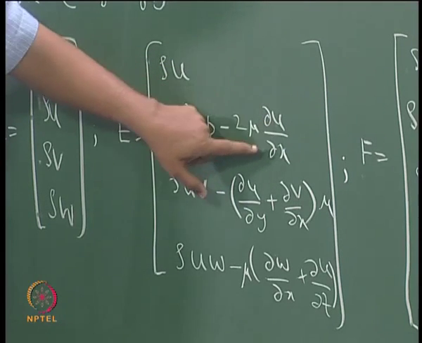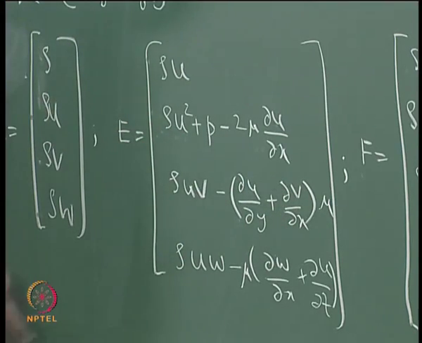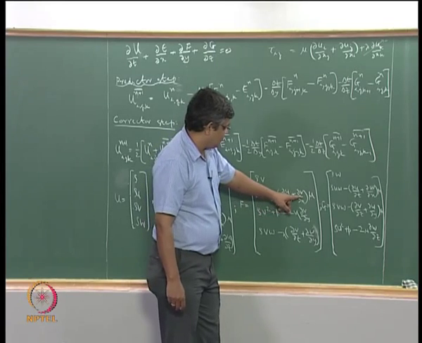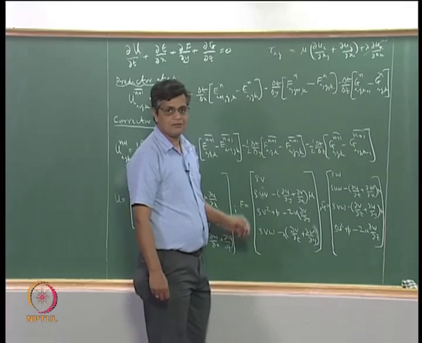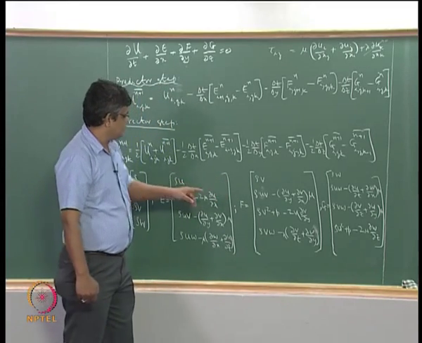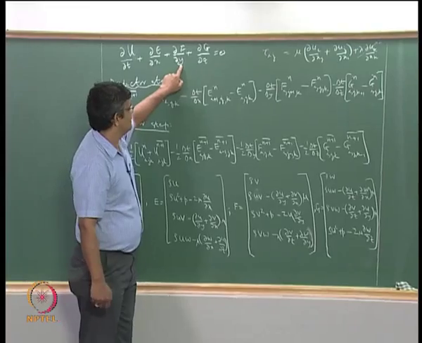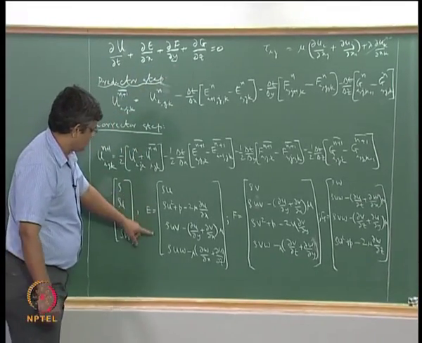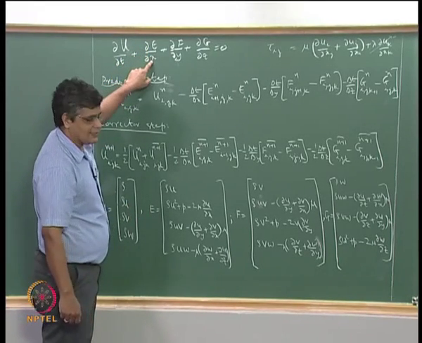You have dou u by dou x here and dou u by dou y here and dou v by dou x, and if you look at any of these E, F, G components, you have either the same derivative or the cross derivative. The same or cross refers to the way that they appear in the governing equation written here. For example, when you consider the E term, this is being differentiated with respect to x.